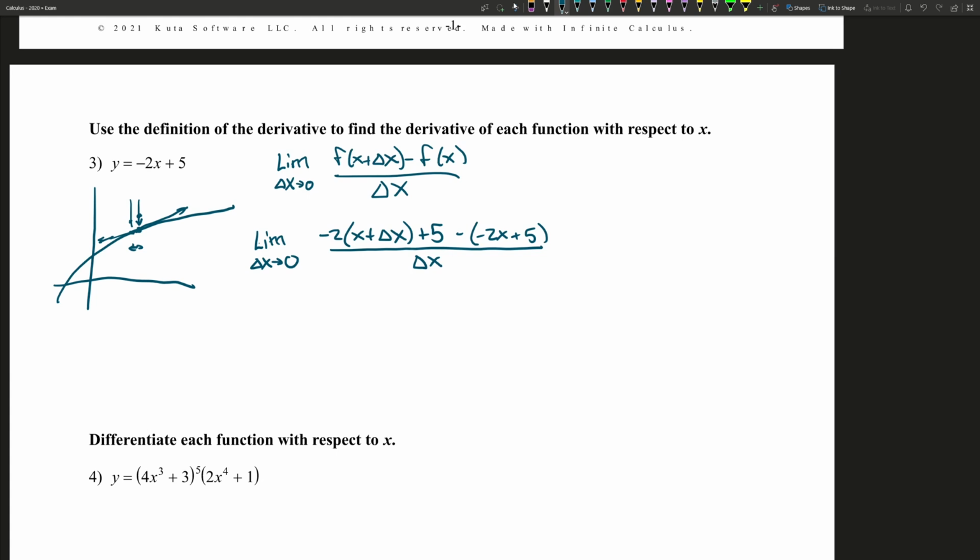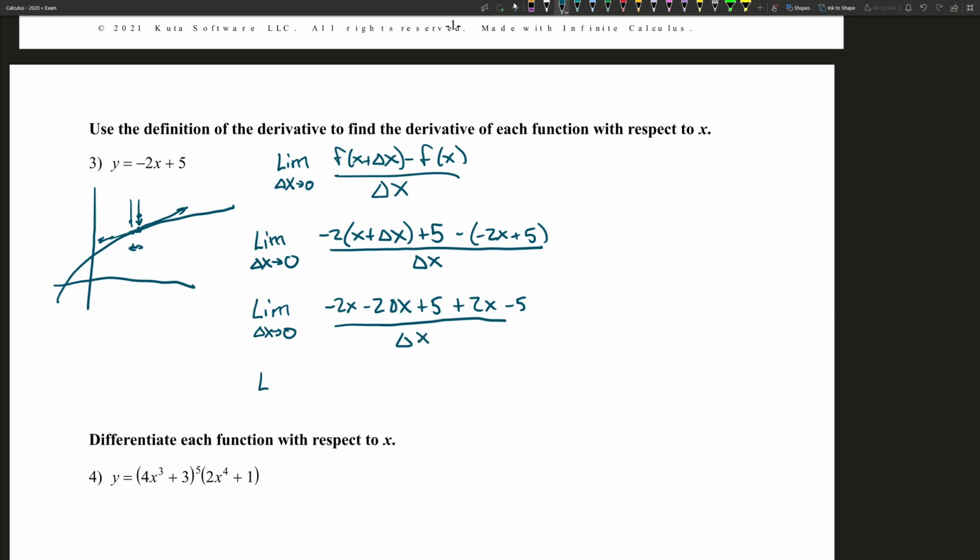Okay. So that's the first step, is just getting f of x plus delta x and f of x. Then we have to simplify. So we get negative 2x minus 2 delta x plus 5 plus 2x minus 5.